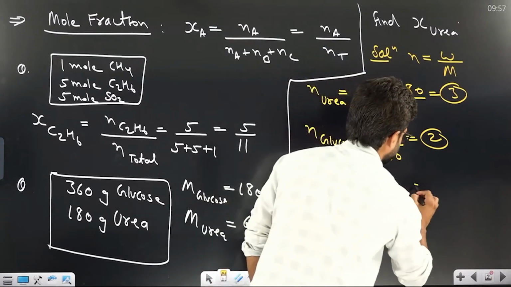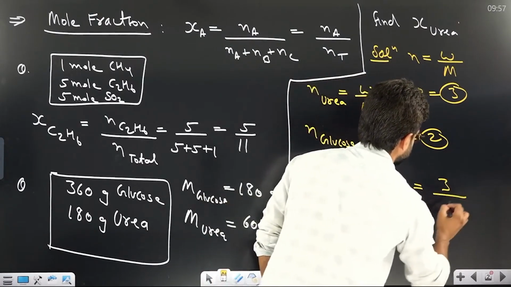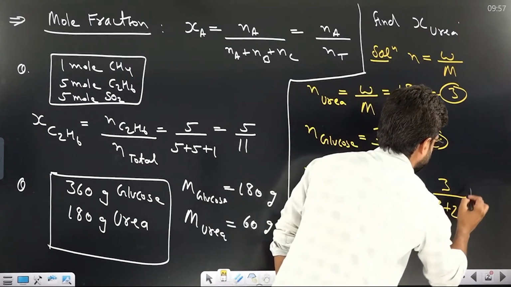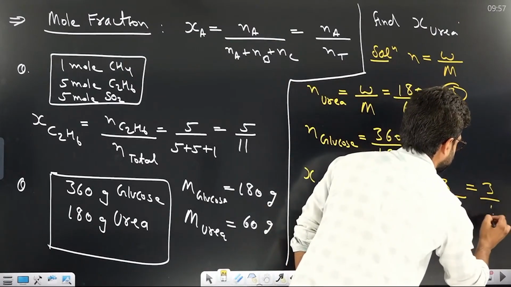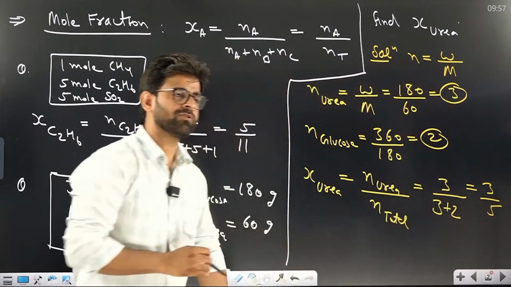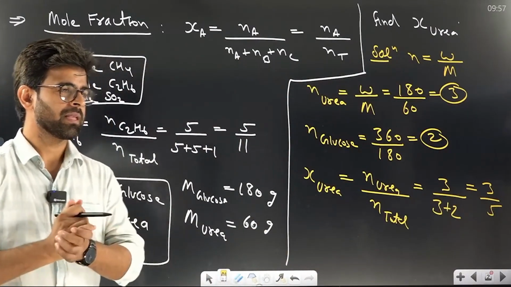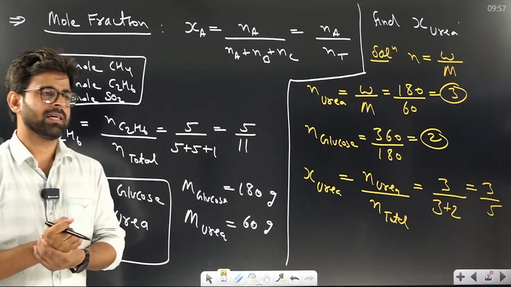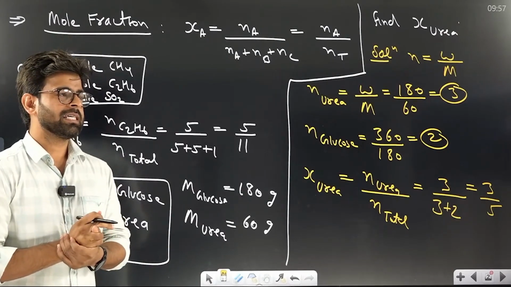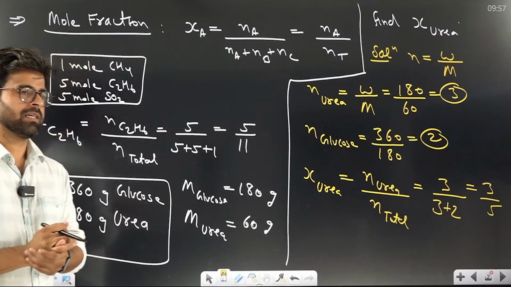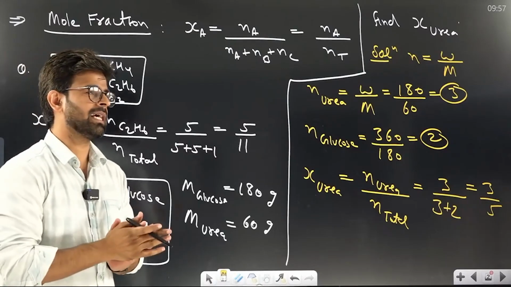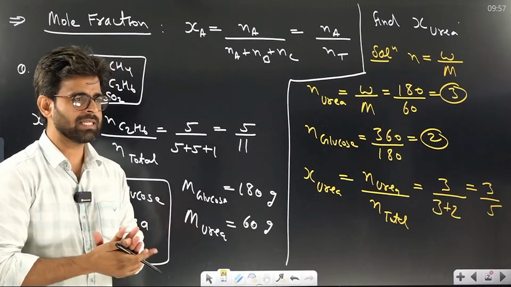What is coming, bacha? 3 moles of urea divided by total moles, how many? 5. Very right answer. 3 by 5. Most of you are doing well. Very good. So 1 or 2 more questions on this and you will be perfect in this topic, right?